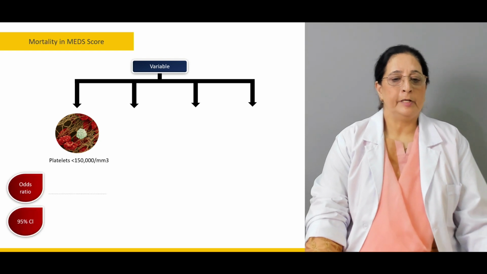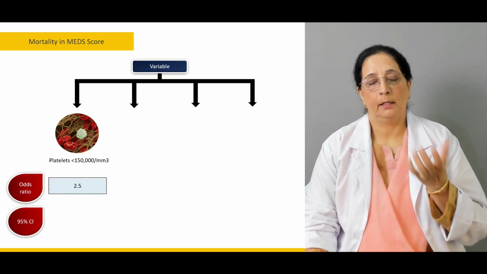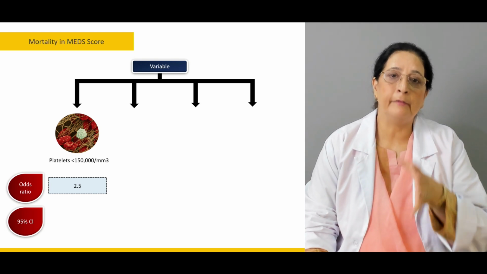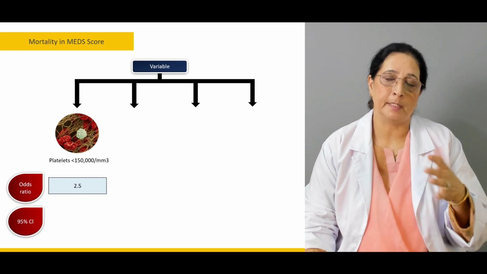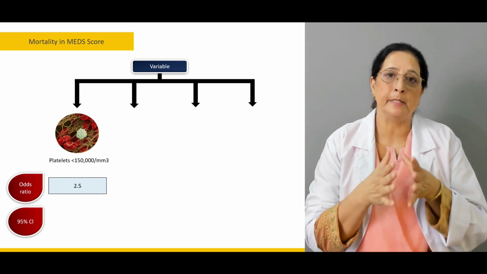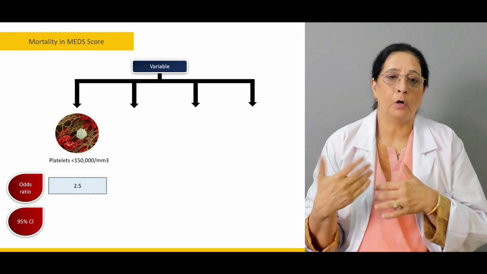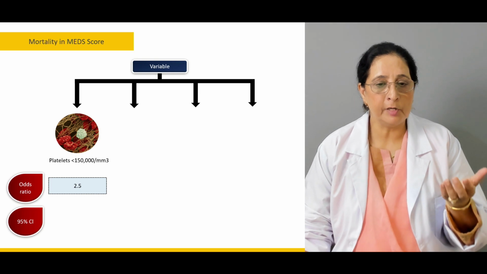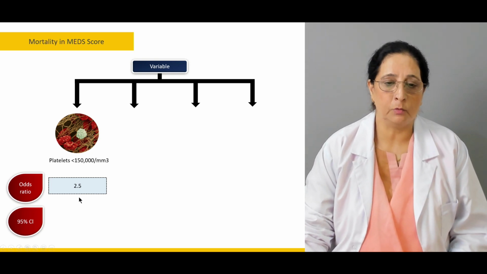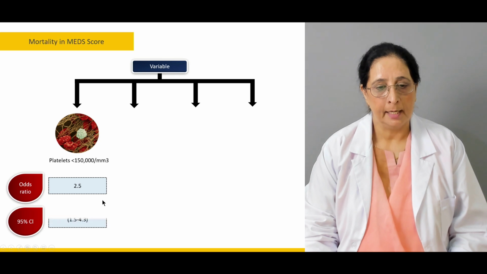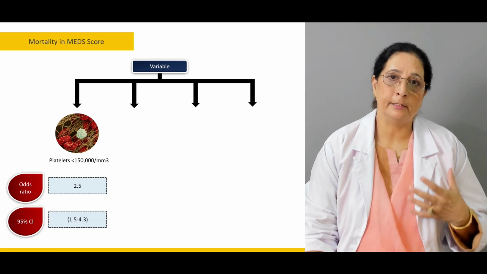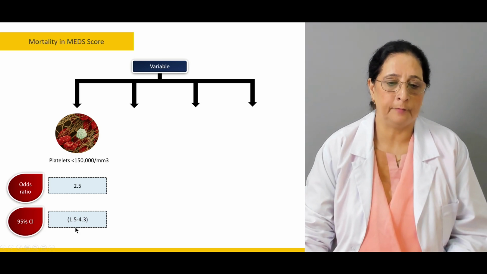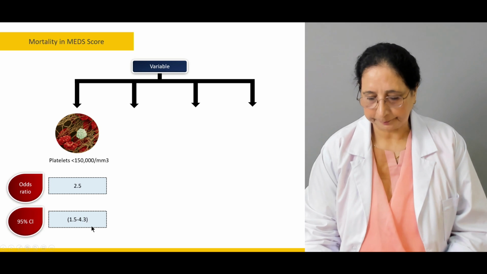Now the odds ratio and the confidence interval of 95%. We will discuss the comparison between the two when we talk about the mortality in MED score. So the odds ratio for the platelet count is 2.5, and the 95% confidence interval is 1.5 to 4.3.